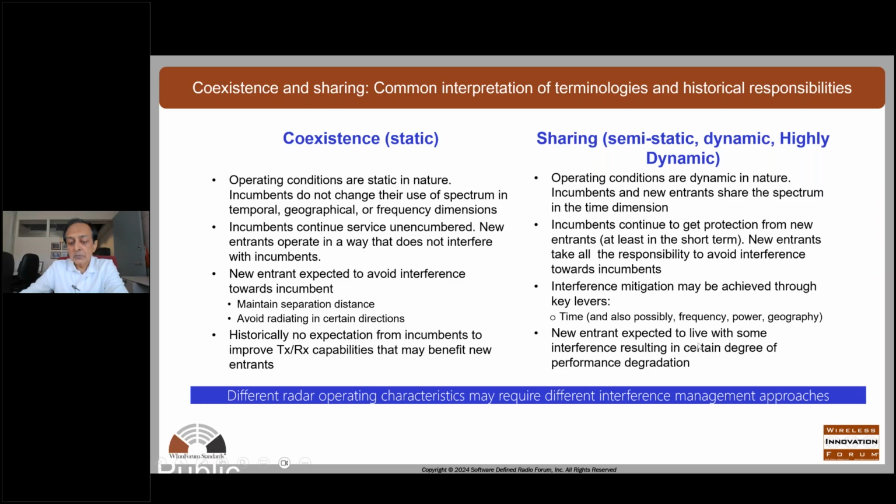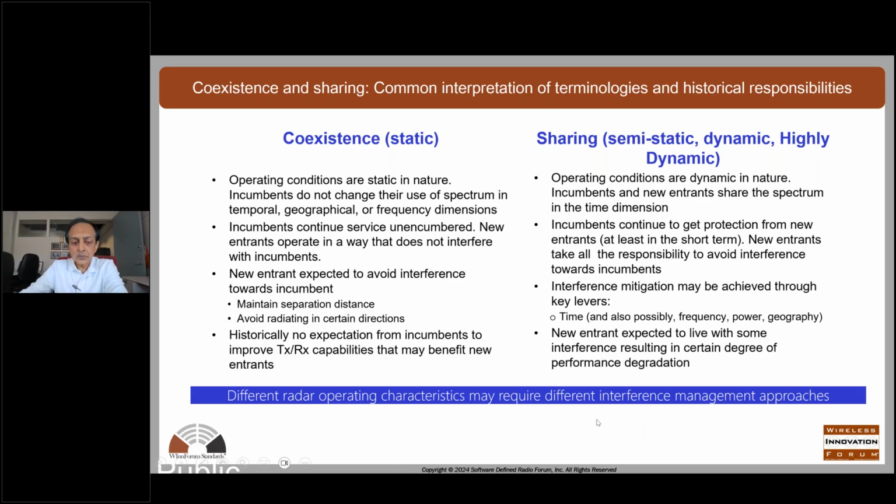It may be able to move to another frequency that is not shared, but there is obviously going to be some degree of quality of service degradation that the system will have to be willing to take, just to be able to take advantage of the spectrum whenever it is available.